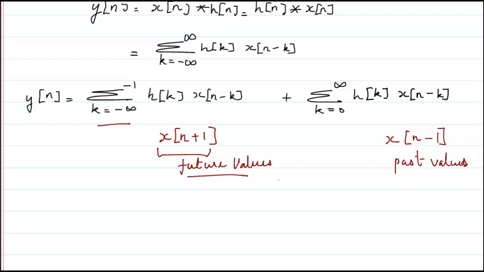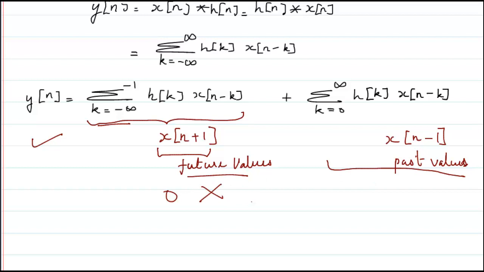A causal system is a system whose output depends only on the past and present values and not on the future values, isn't it? So in this particular equation, this part has to be totally equal to 0. Then only we can say that the system is going to have an output which depends on only past and present values and not on any future values.